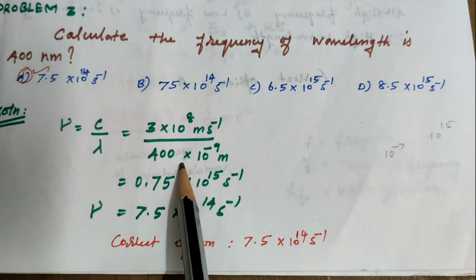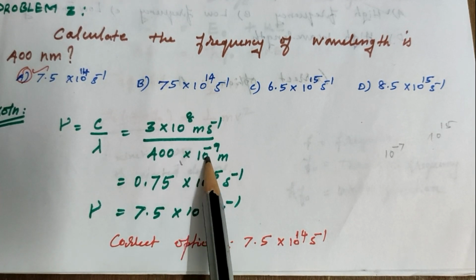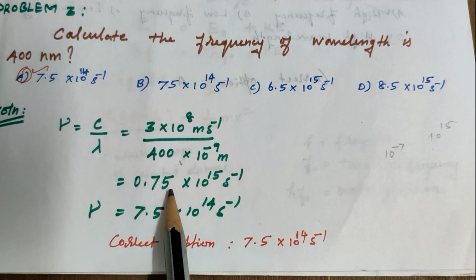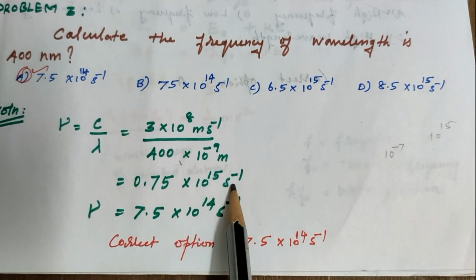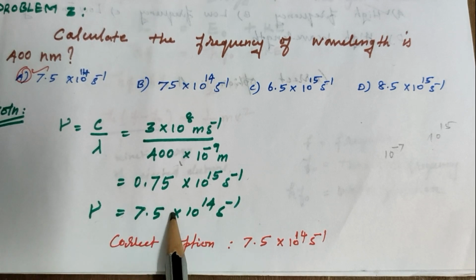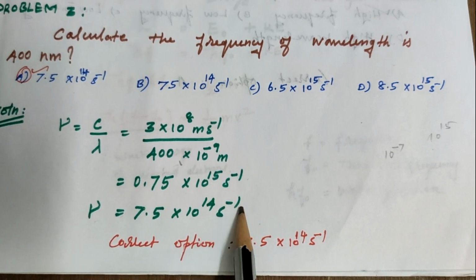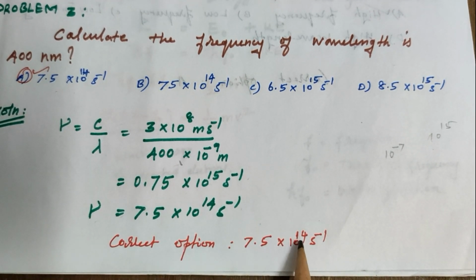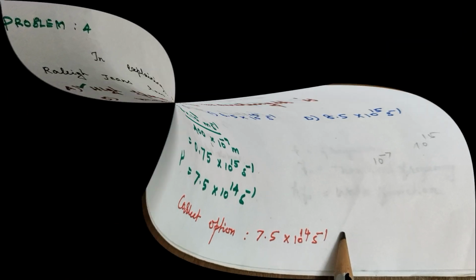Lambda is 400 nanometer, 10 to the power minus 9 meter. Then 0.75 into 10 to the power 15 second per minus 1. Nu is equal to 7.5 into 10 to the power 14 second per minus 1. So the correct option is A.